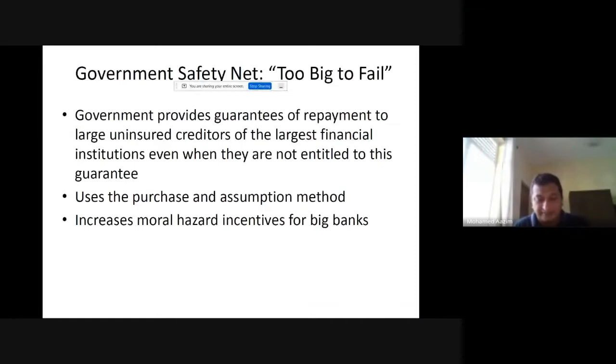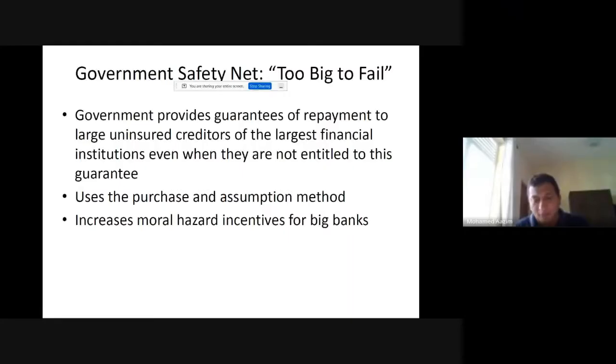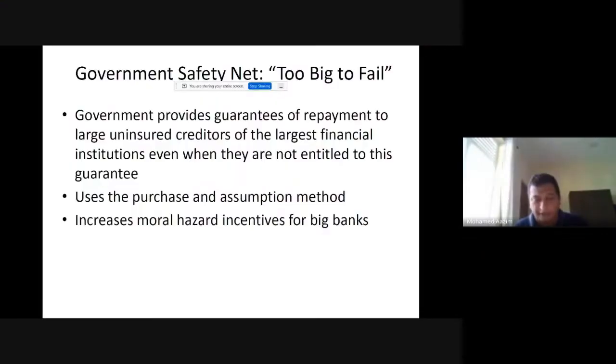So then another safety net problem is too big to fail, right? You are a systematically important financial intermediary. When you are a systematically important financial intermediary, you find the governments are often trying to protect you from meltdowns.